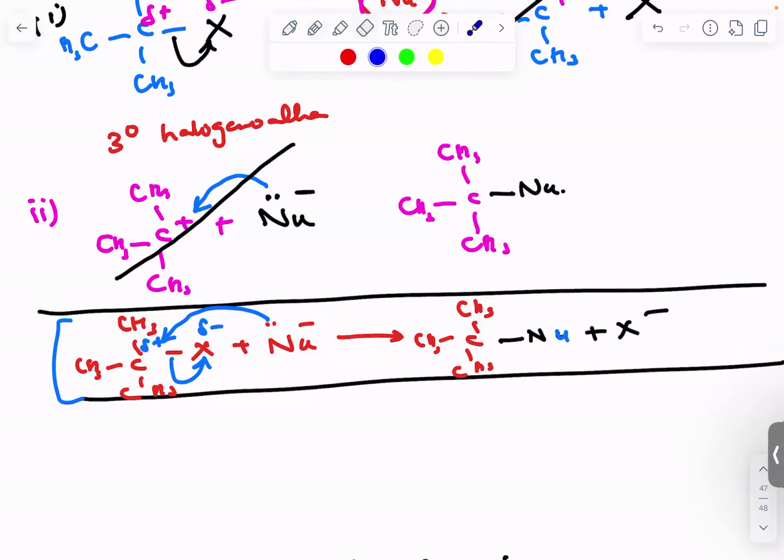Let me write. I'm going to rub it afterwards. So if I write NaOH instead of nucleophile, and I replace this X with chlorine, we are going to get sodium chloride, and this OH will be substituted here, and we are going to get an alcohol. Does it make sense?